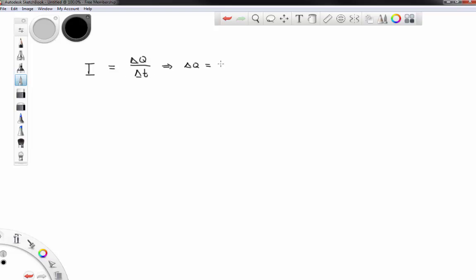So therefore we can take basically the current and multiply it by delta T. And so what we have here is 1.00 amp times our 1 second. And an amp second has units of coulombs.